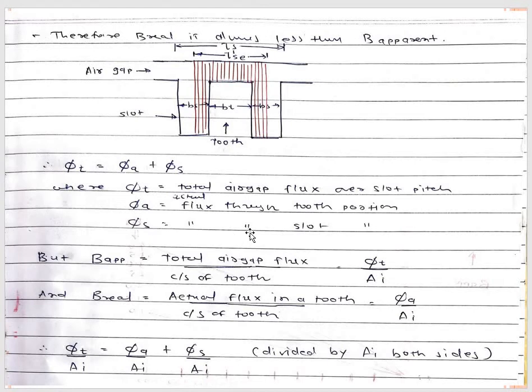Phi s is the actual flux through the slot; this red portion is considered as slot flux. But we know the equation of B apparent: the apparent flux density is given by the total air gap flux divided by the cross section of the tooth.